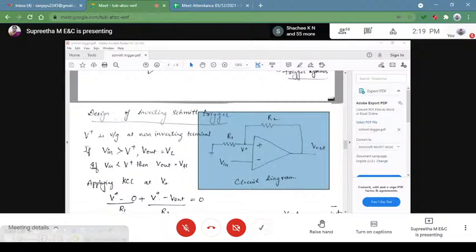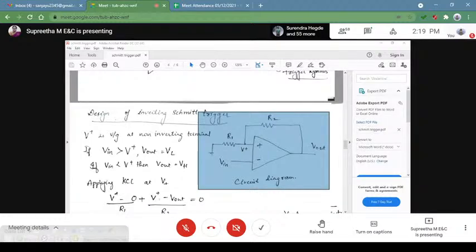Similarly, let us take the other condition, when Vn is greater than V1. What will be the condition of V out? It will be at a lower potential. Let us assume the input voltage is V2, or the voltage at the non-inverting terminal is V2.